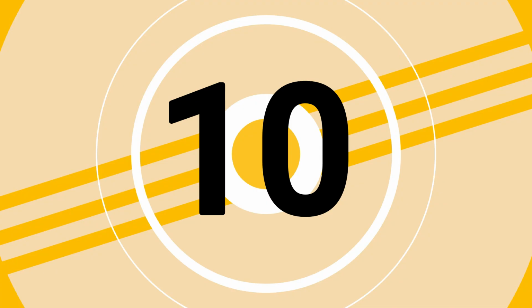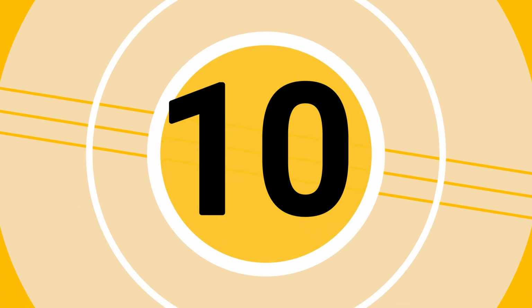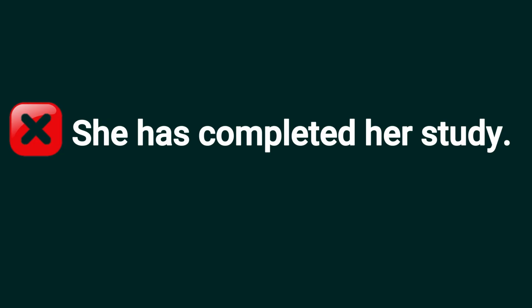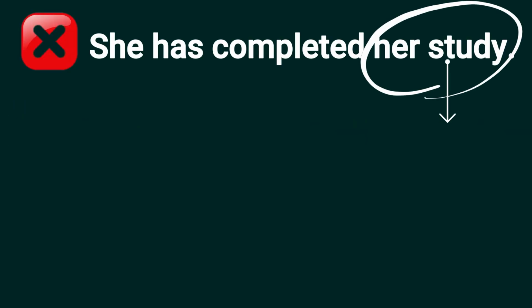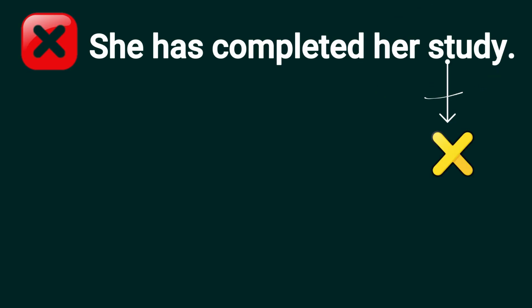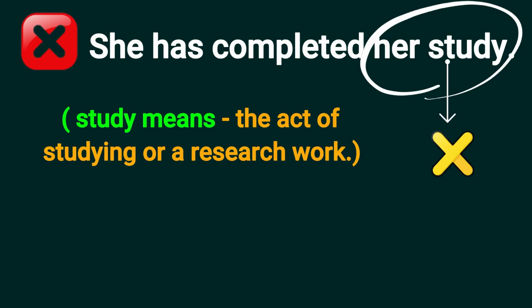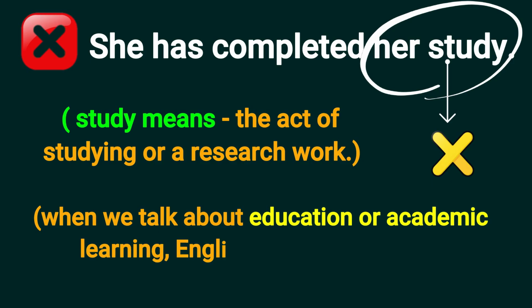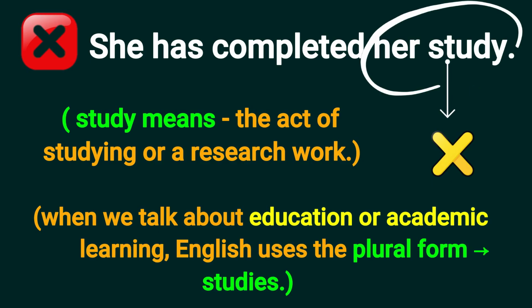So mistake number 10. She has completed her study. Let's find out the mistake. Here using of only study is wrong because study means the act of studying or a research work. When we talk about education or academic learning, English uses the plural form studies.